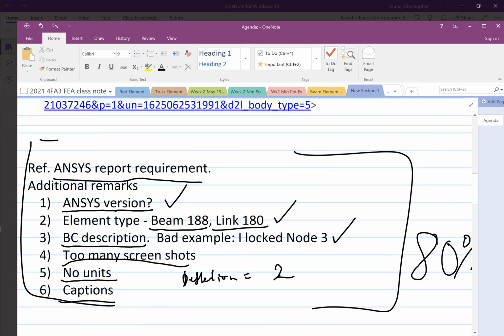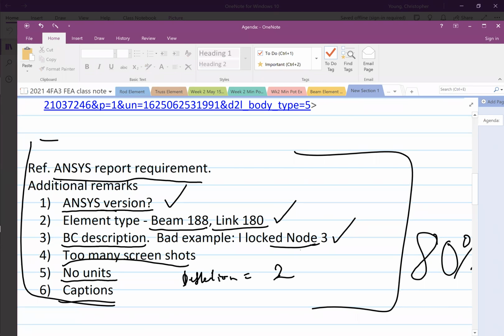I provided general feedback because I cannot provide detailed feedback for everyone. That's why I have conducted today's lecture, on additional remarks and things that I like to see: answers version, element type, bad examples on how you log the notes, too many screenshots.